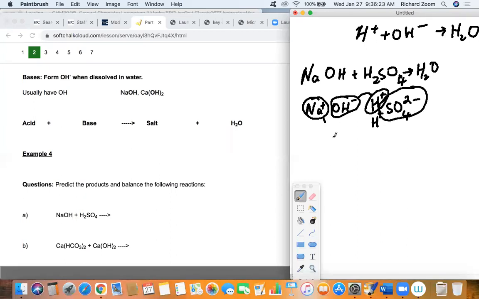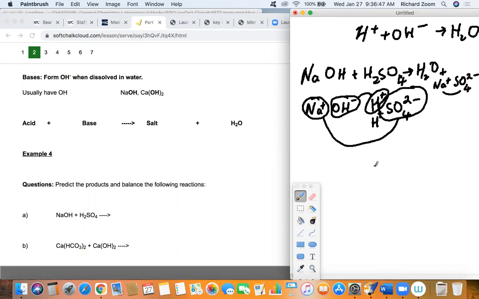are going to be from the combination of the Na plus and the SO42 minus. So we're getting Na plus and SO42 minus. They're going to join together here.